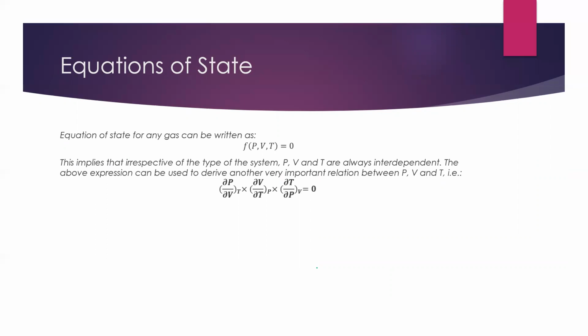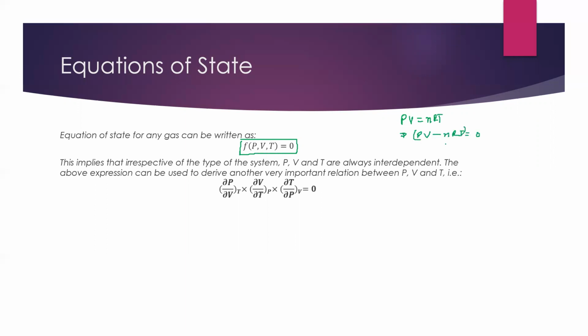So the general thing about an equation of state is that for any gas, it can be written as a function of pressure, volume, and temperature. So it can be represented in this form. For example, even the ideal gas equation of state can be written as PV minus nRT is equal to 0.